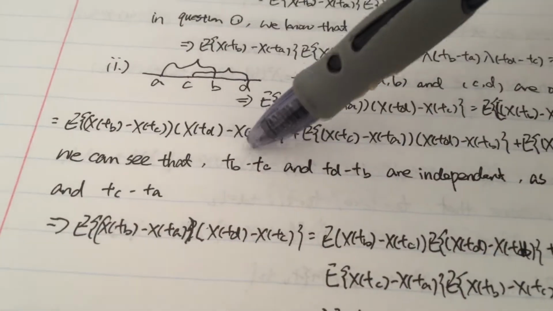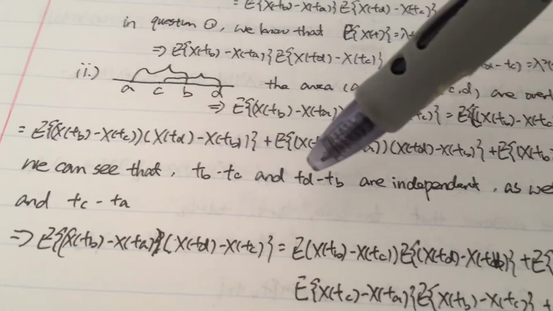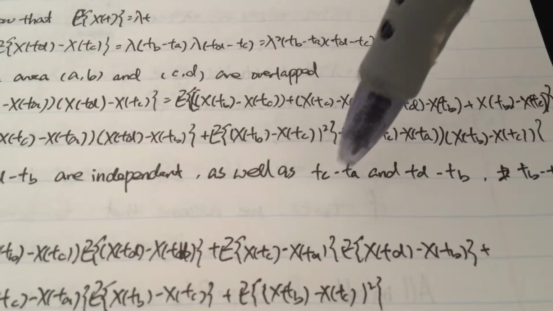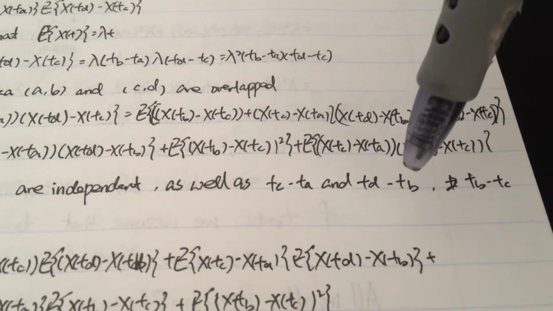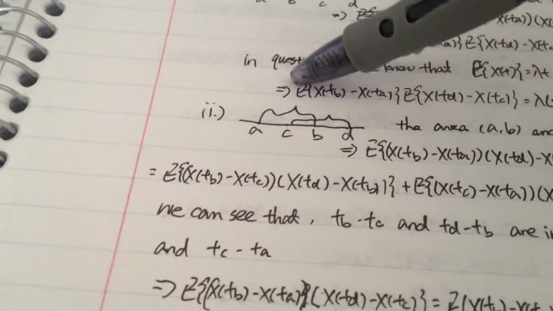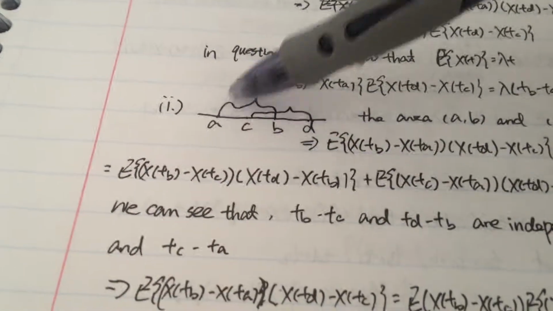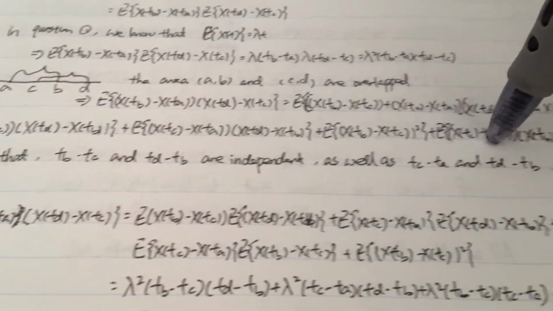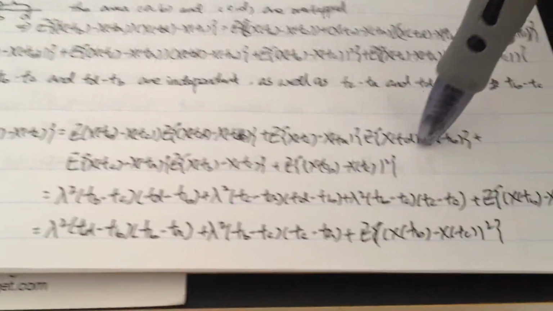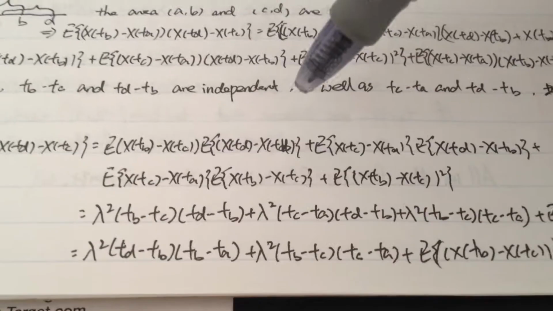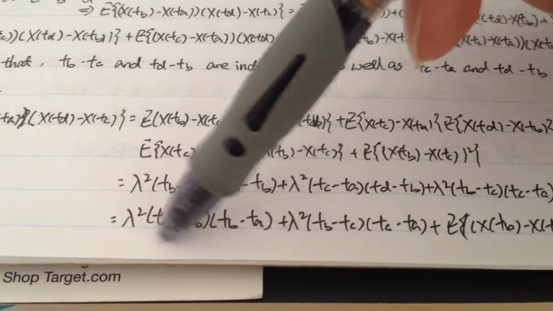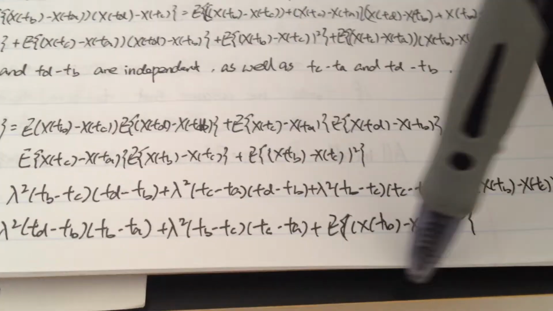We see then TB minus TC, TD minus TB are independent, as well as TC minus TA, TD minus TB, and TB minus TC, and TC minus TA, so that we can transfer this equation into this one. And after several calculations, we can transfer this part into this one.